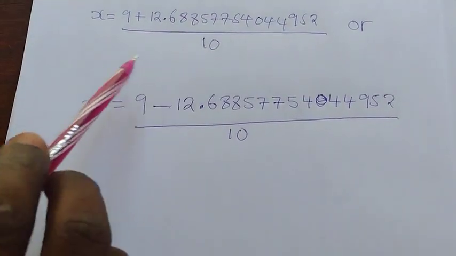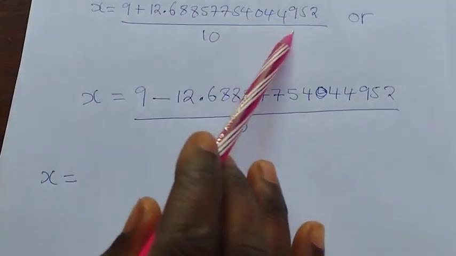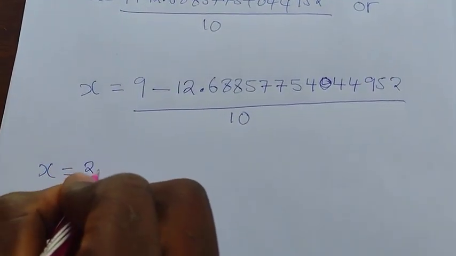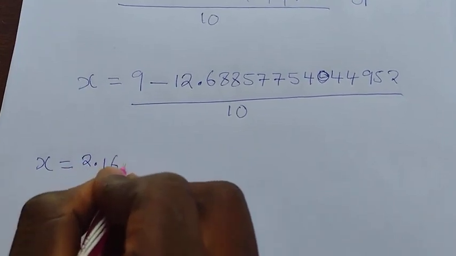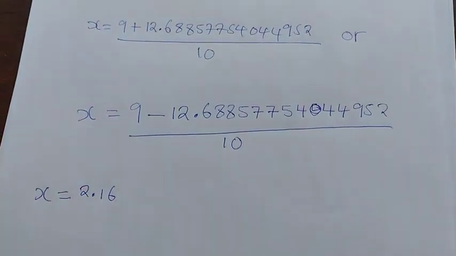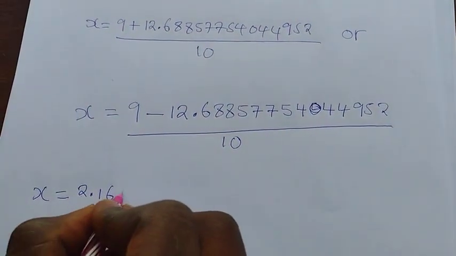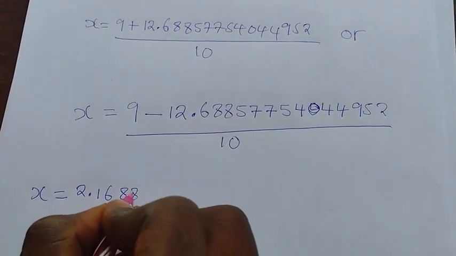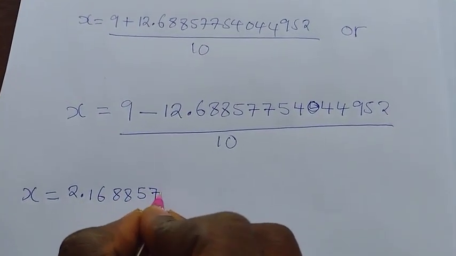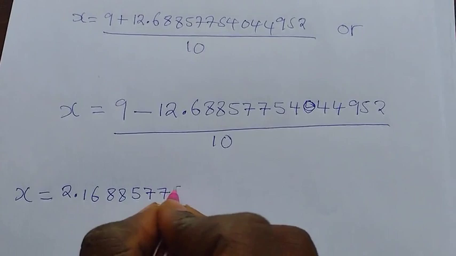For me, when I punch everything on the calculator here and I divide, this is the value that I'm getting for the first one.